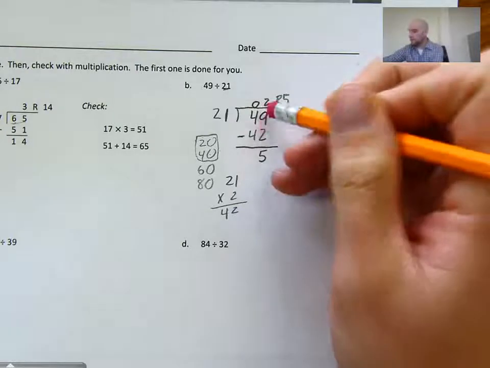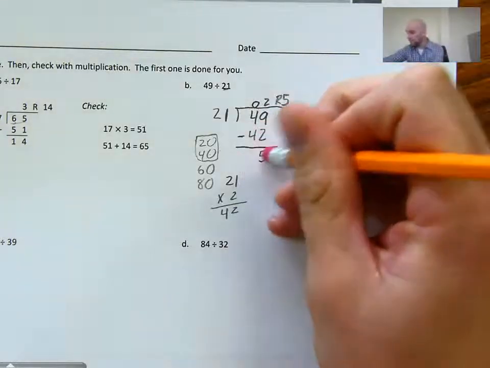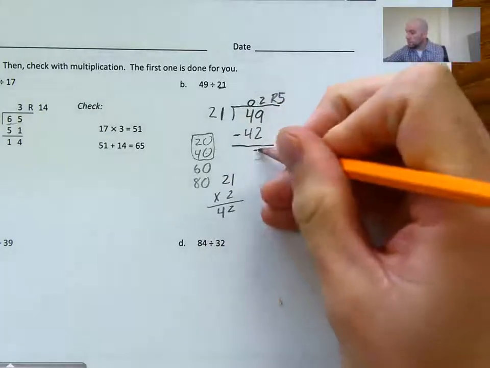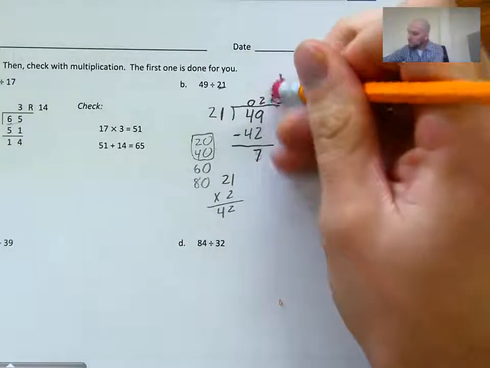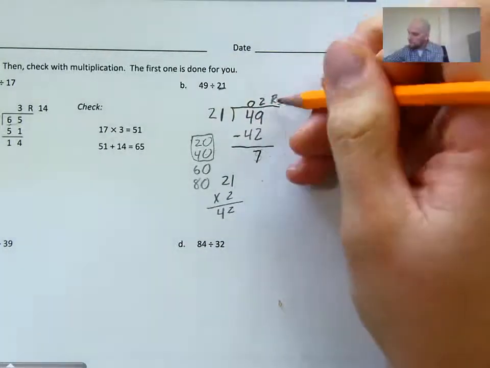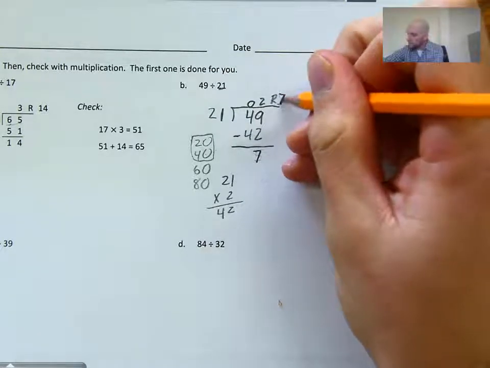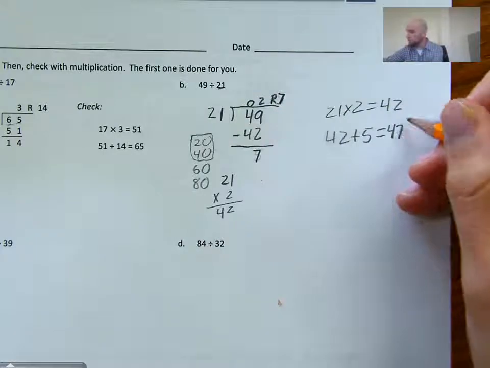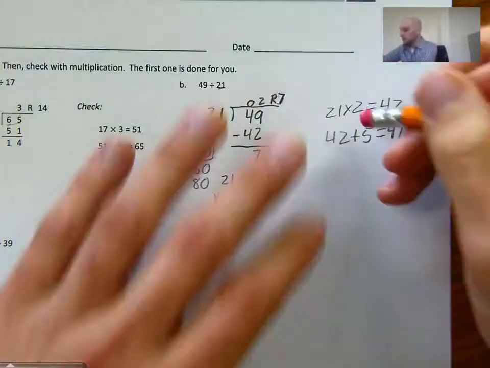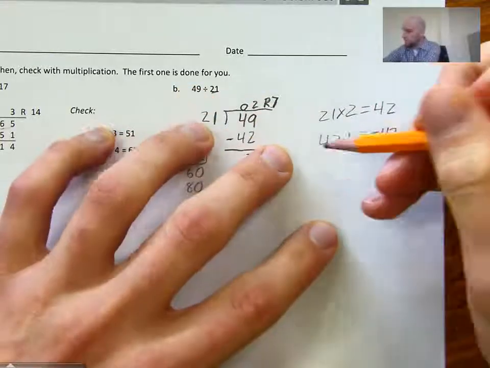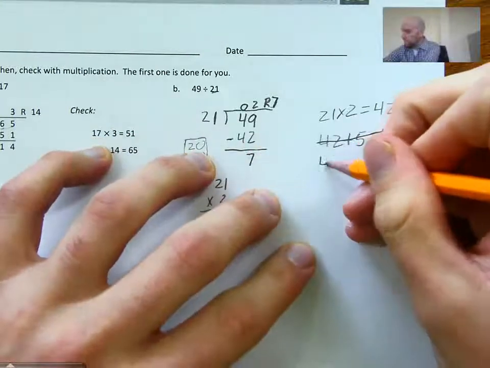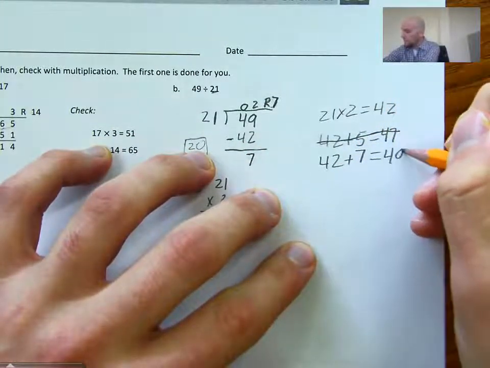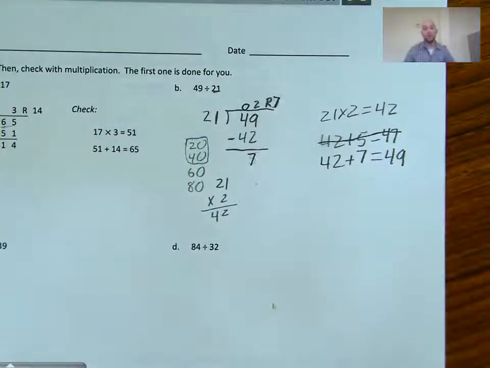So this is why we check. 9 minus 2 is not 5. 9 minus 2 is 7. So that was just a quick subtraction mistake, but I'm kind of glad I did it because that shows why we check. So now if I change this and I don't do 42 plus 5, but 42 plus 7, and we get 49. And now we know our answer is correct.